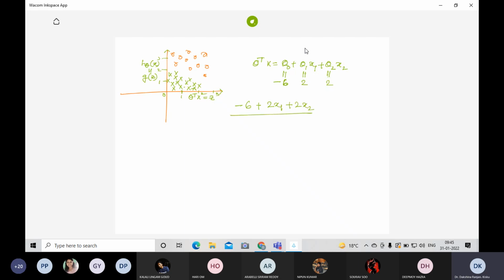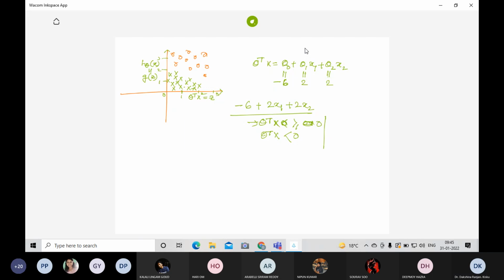This is theta transpose x, and we have to see whether theta transpose x is greater than or equal to 0, or less than 0. We have to check both these conditions, and accordingly we will infer the class label for the data points.